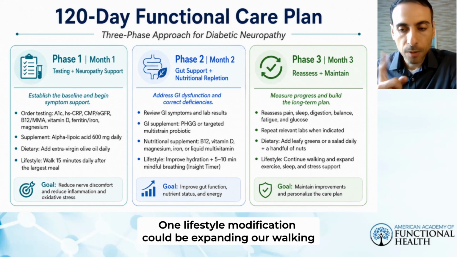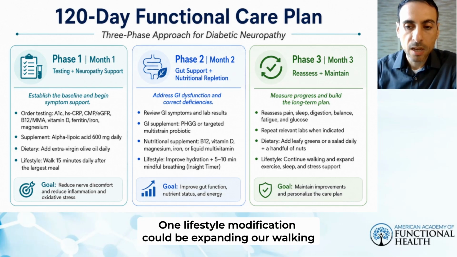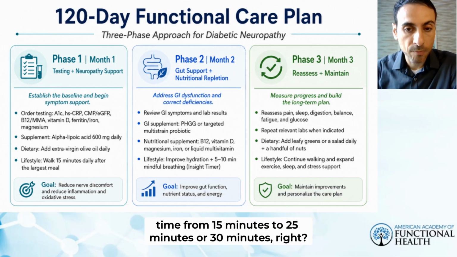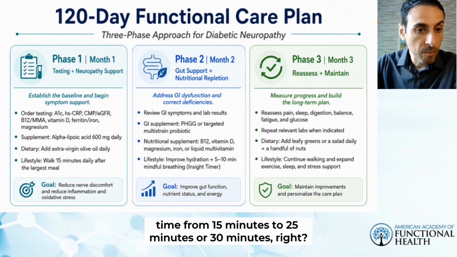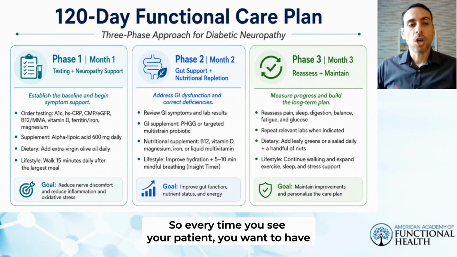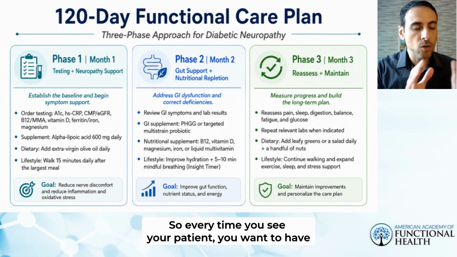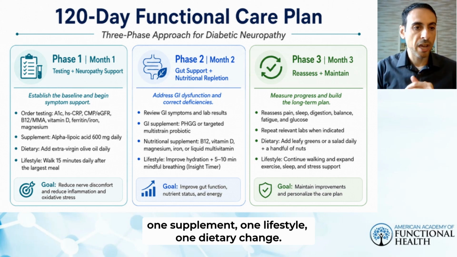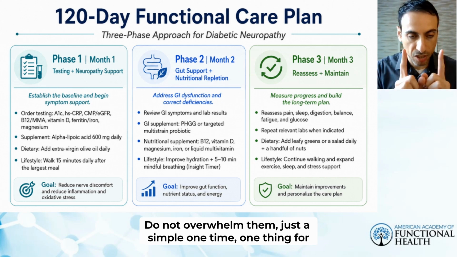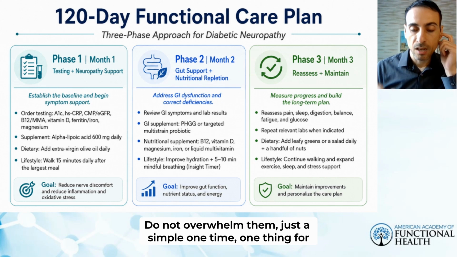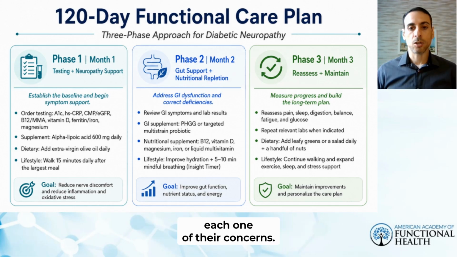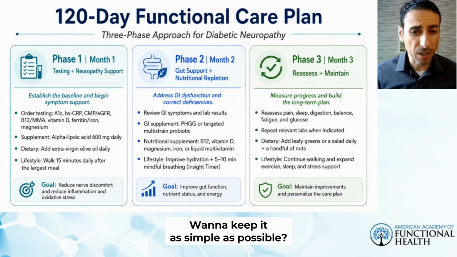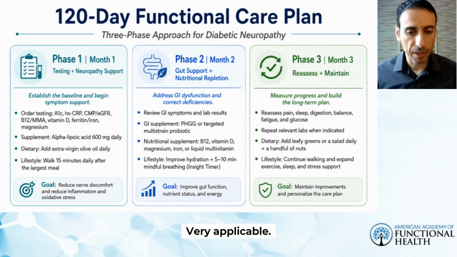One lifestyle modification could be expanding our walking time from 15 minutes to 25 or 30 minutes, right? So every time you see your patient, you want to have one supplement, one lifestyle, one dietary change. Do not overwhelm them. Just one thing for each one of their concerns. Okay, keep it as simple as possible, very applicable.